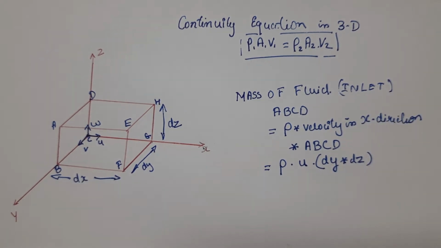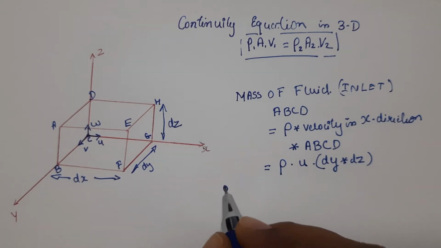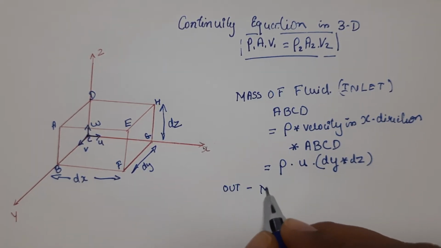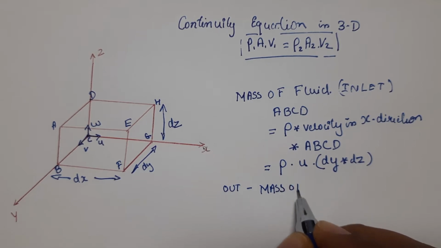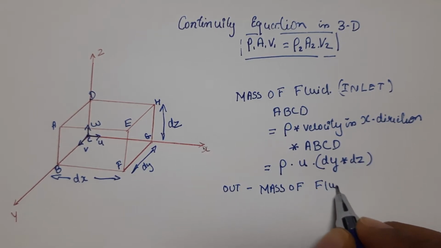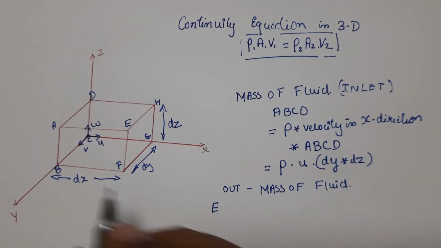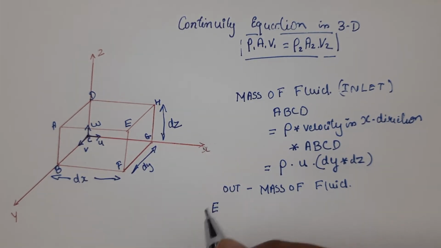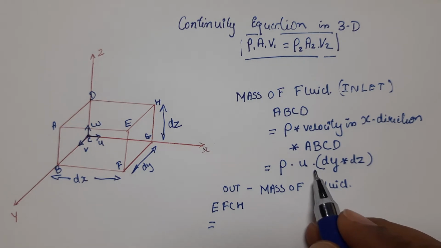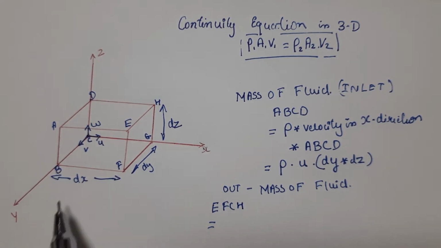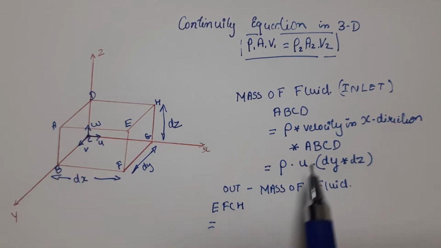Of this fluid element. Now at the outlet, the mass of the fluid will be at EFGH. This is the way the flow is happening in the x direction. The mass at EFGH is the mass that is entering plus the additional mass that is the differentiation of this mass.